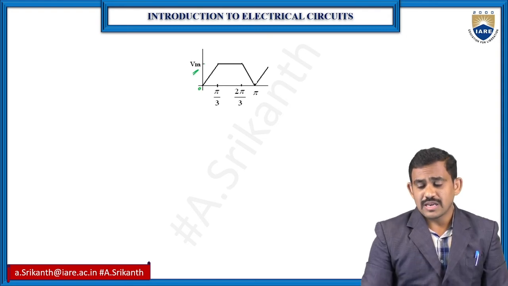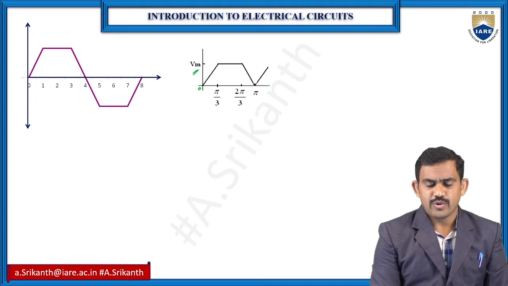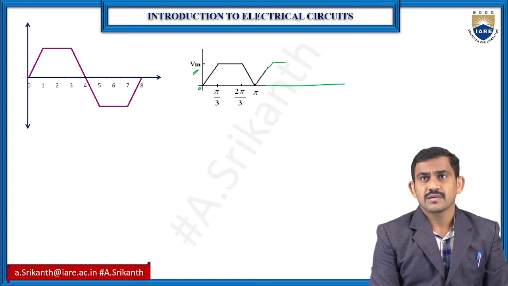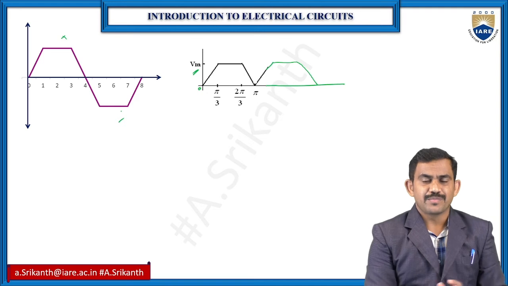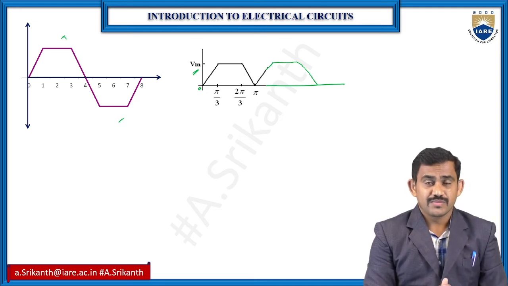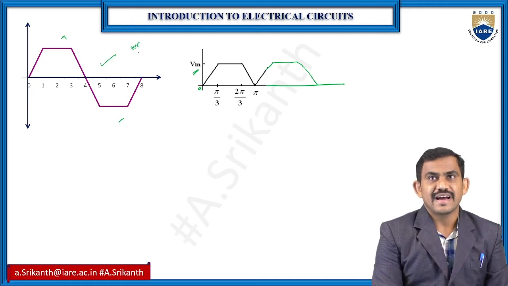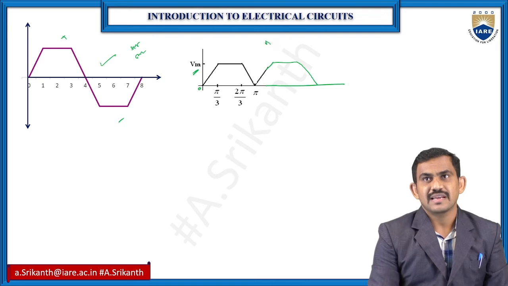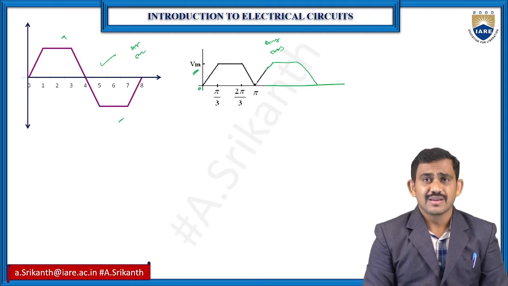Here we have only positive peaks, but here I have a positive peak and a negative peak. If you compare both, for this type of problem we will get the same answer for average and RMS. We get the same answer from both different problems.